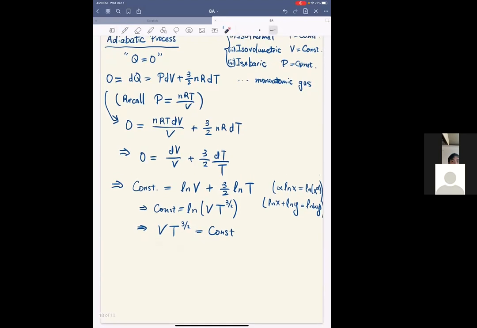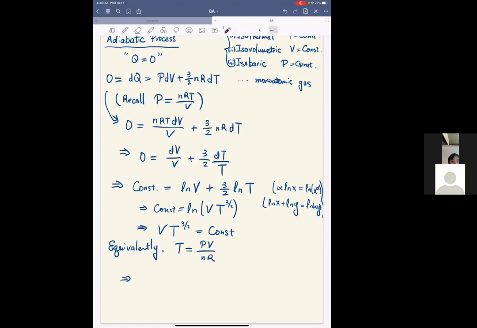Basically this is an extra relation we can have between the macroscopic variables describing the gas when we know that the gas is undergoing some adiabatic process. Or equivalently, since we know V, T, and P are related to each other, we can make use of the fact that T equals to PV over nR.